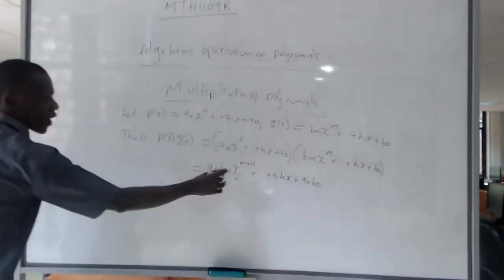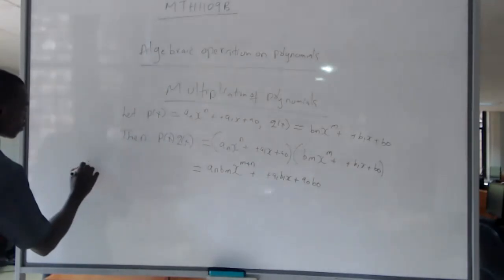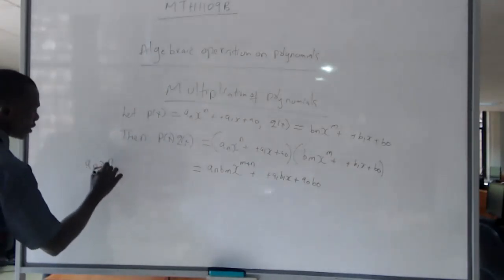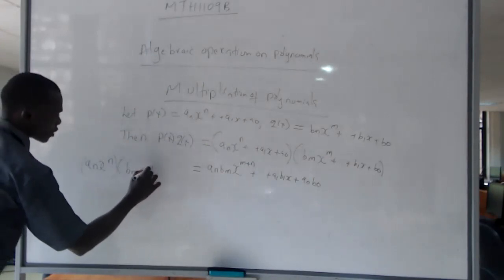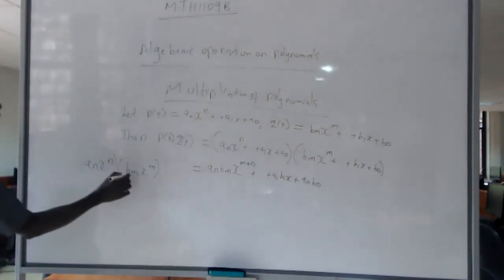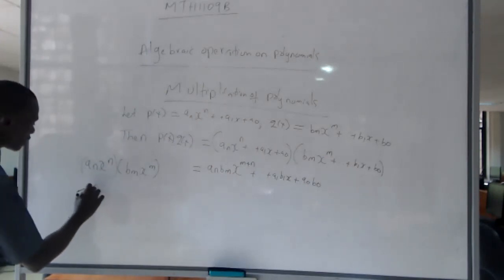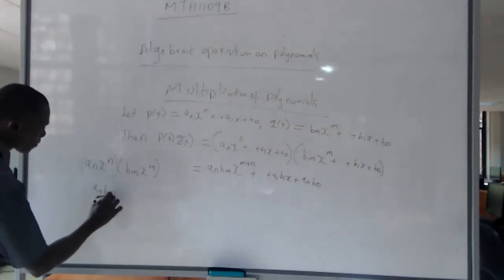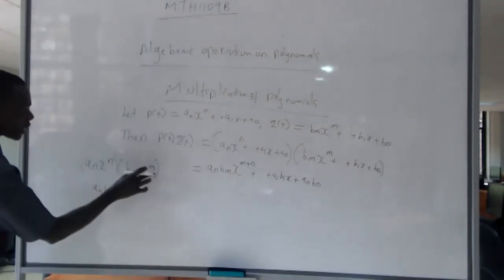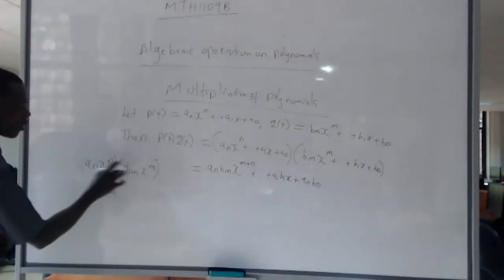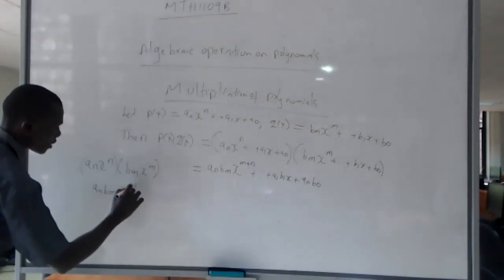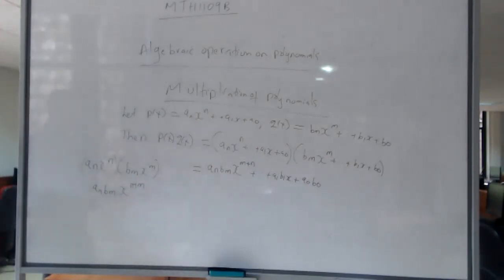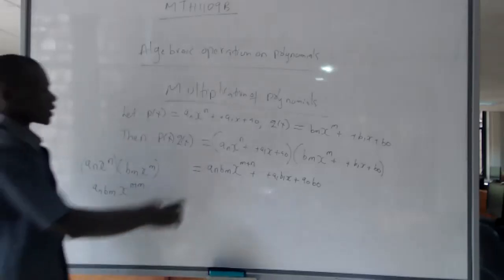How I got this first term, I took a_n x to the n, I multiplied this by b_m x to the m. a_n and b_m are real numbers, so we have a_n b_m and then x^n x^m. By the law of indices, I will have x to the power n plus m. That will be the first term.